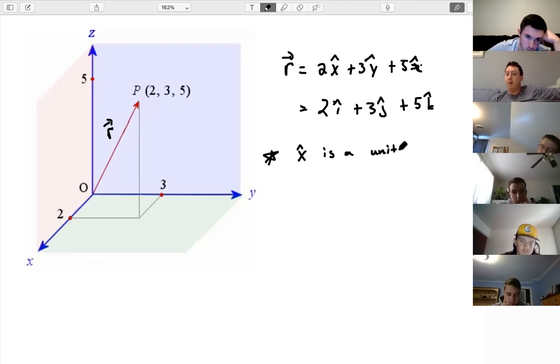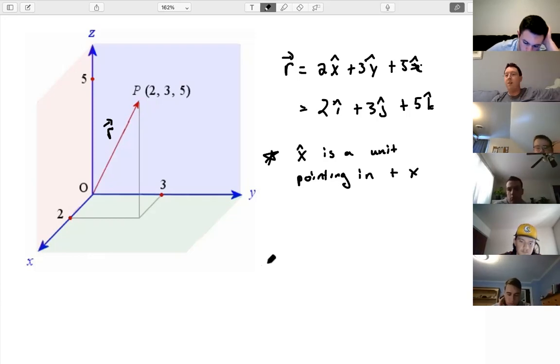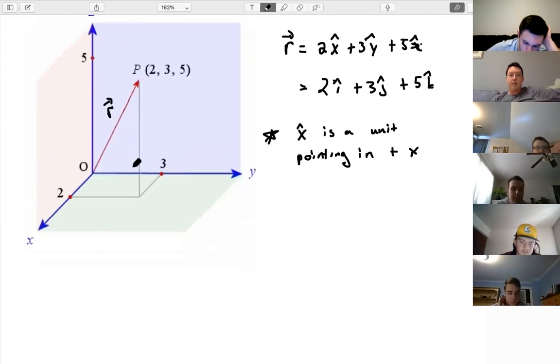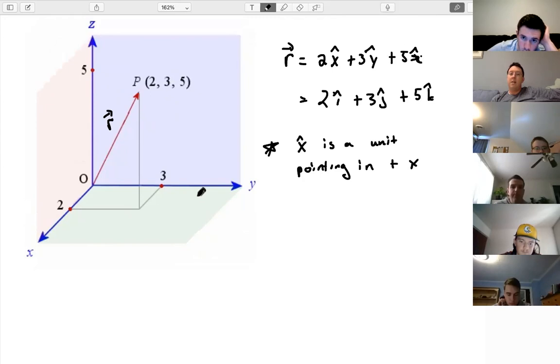So it has length 1, pointing in the positive x direction. Similarly, y hat is a unit vector pointing in positive y, and z hat. All right, okay, you got it. So those are all familiar. Is everybody okay with that?